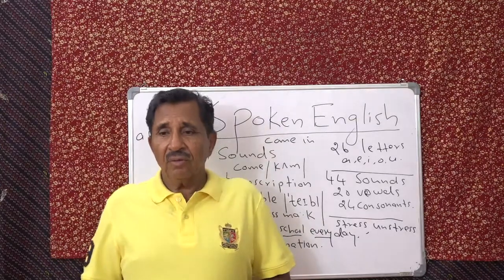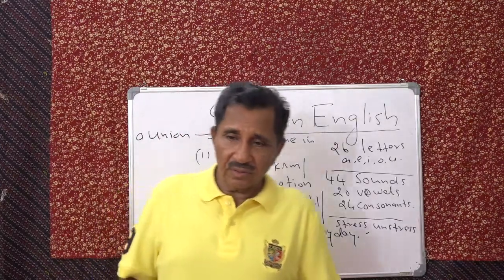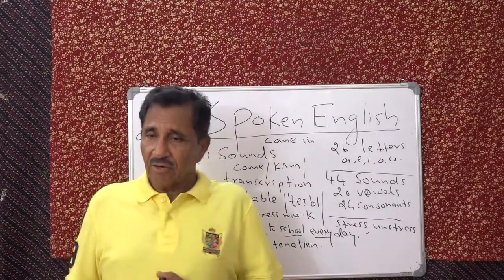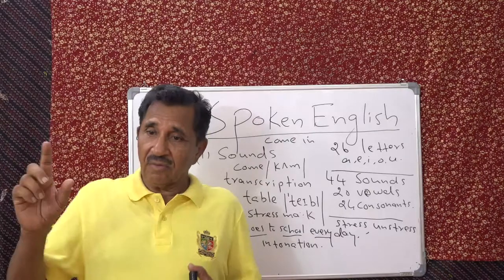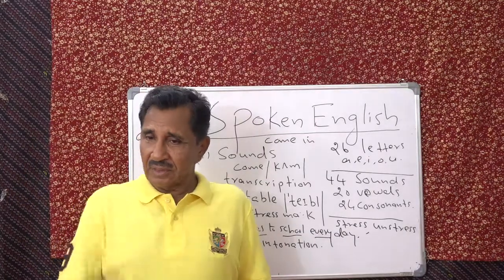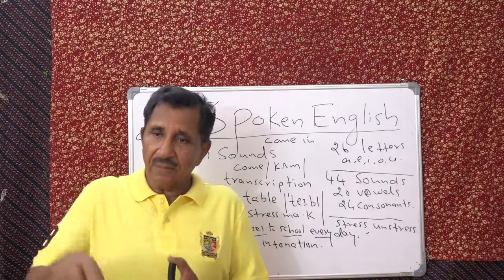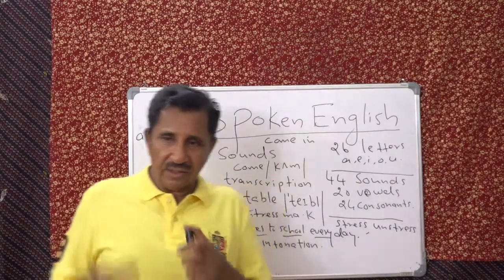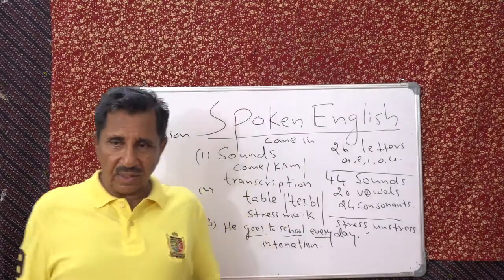And the consonant sounds, there are 24. Vowel sounds, there are 20. 12 of the vowel sounds are single vowel sounds. 8 of them are diphthongs. That means two members are there. You write them together and pronounce them together. And this is a major part of spoken English.